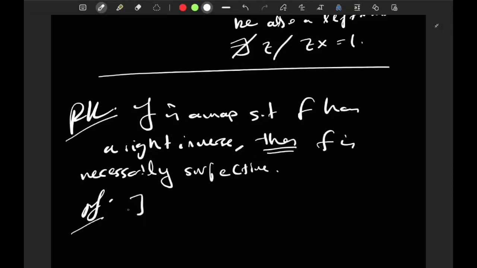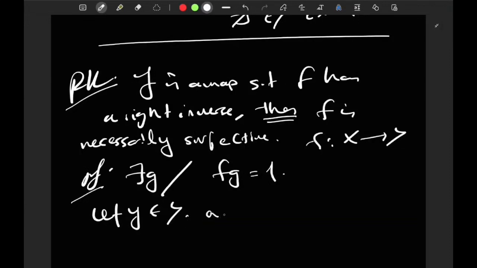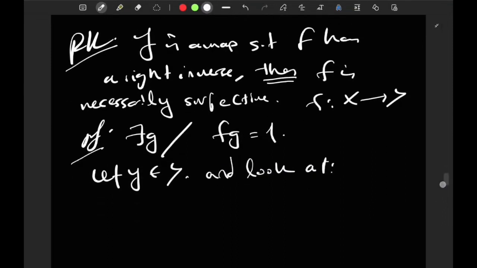Suppose that there exists some g such that f times g is equal to identity, f round g in the sense of composition, so it has a right inverse. Let's say f is going from X to Y, so let y belong to Y, and just look at f of g of y being equal to y.